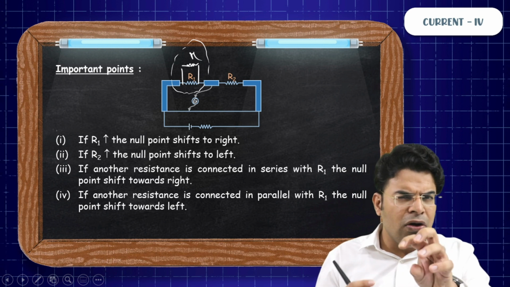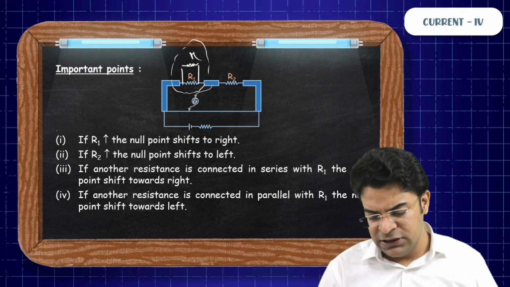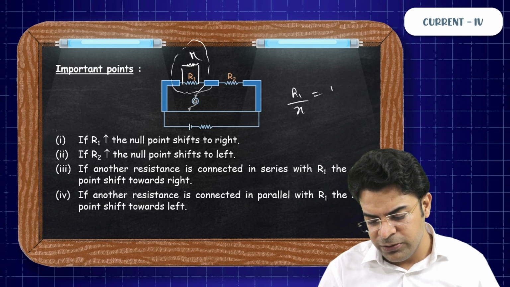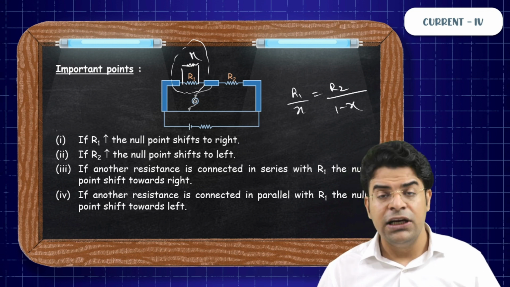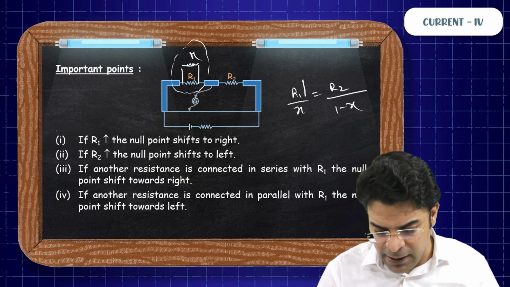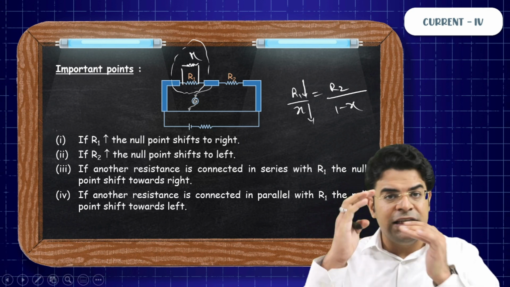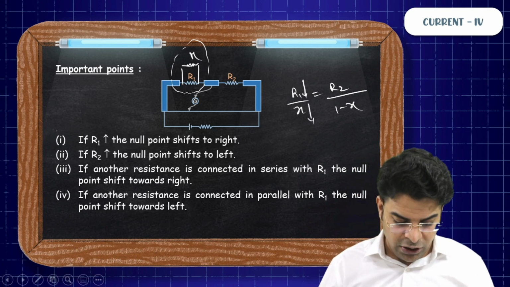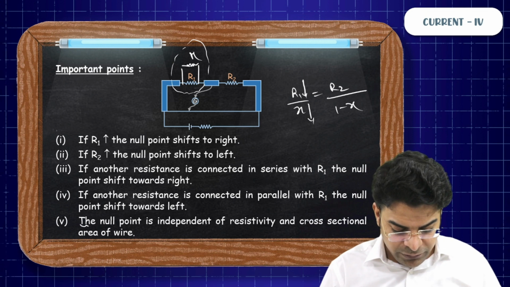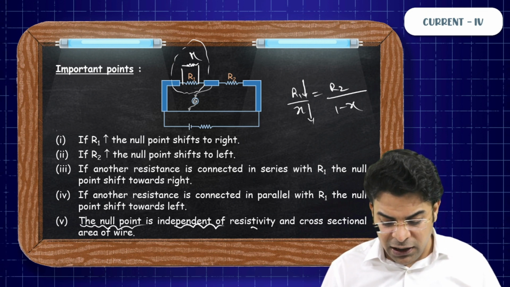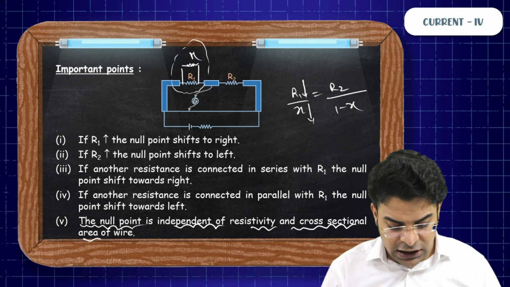If the overall resistance in the left gap decreases, then for R1 by X to be equal to R2 upon 1 minus X, X should decrease so as to balance the ratio. Okay. The fifth point, the null point is independent of resistivity and cross-sectional area of the wire.